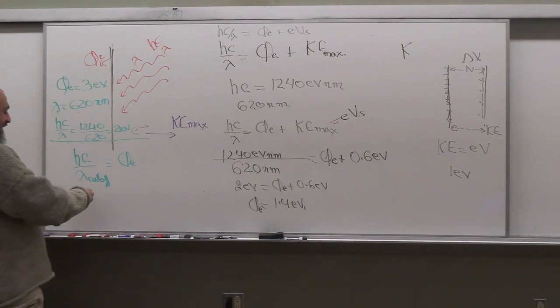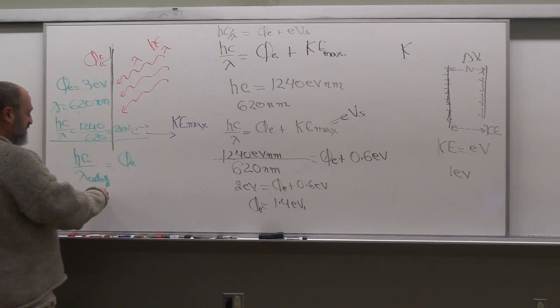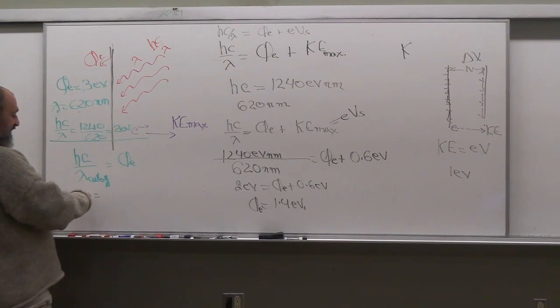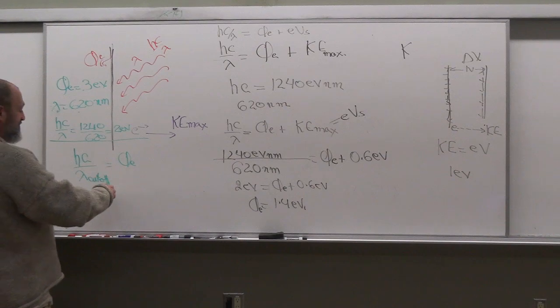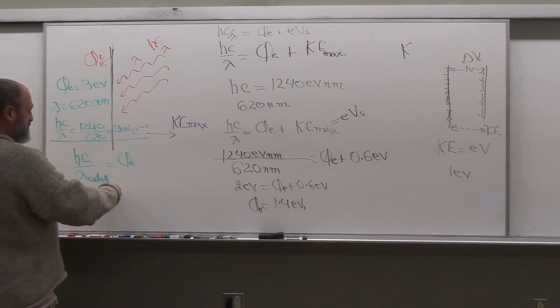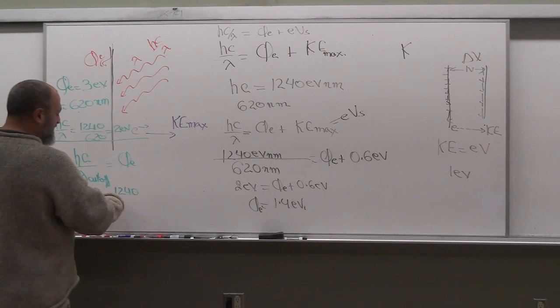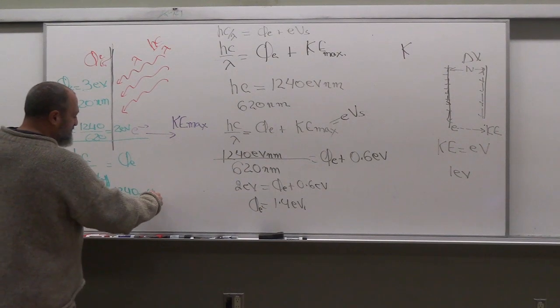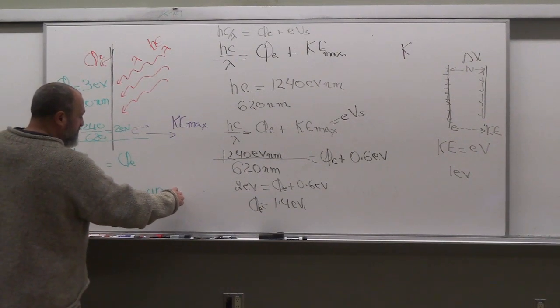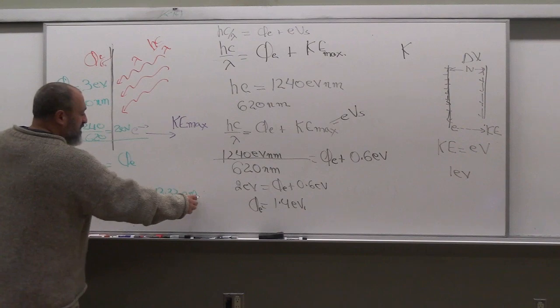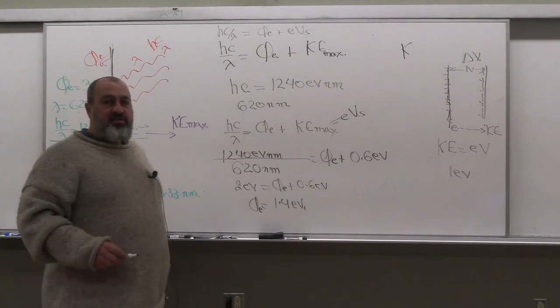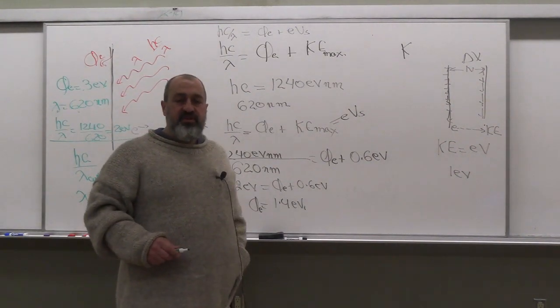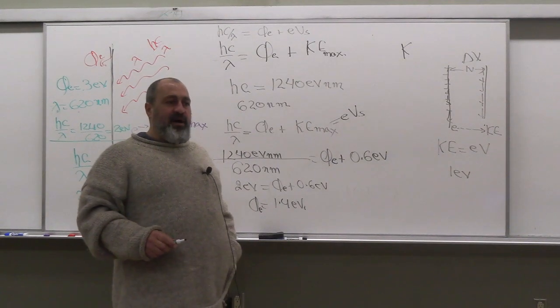So lambda cutoff in this case: phi electric is 3 eV, so hc is 1240 divided by 3. You have to have at most 413.33 nanometers to get the photoelectric effect to work in this case.